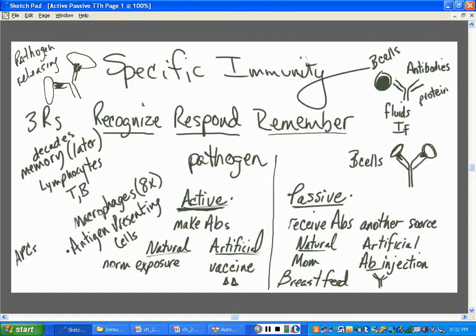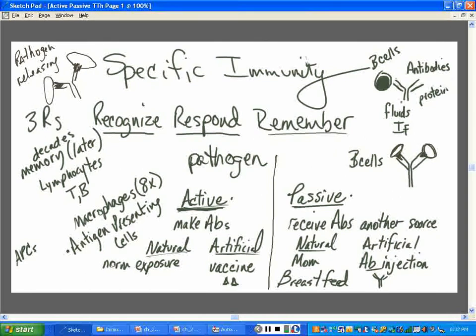You're in that nice, warm, comfortable, fluid environment, floating along, and her antibodies can cross the placental barrier. The smallest antibodies can do that. We'll name them tomorrow night. That's a natural, passive way to get your immunity.